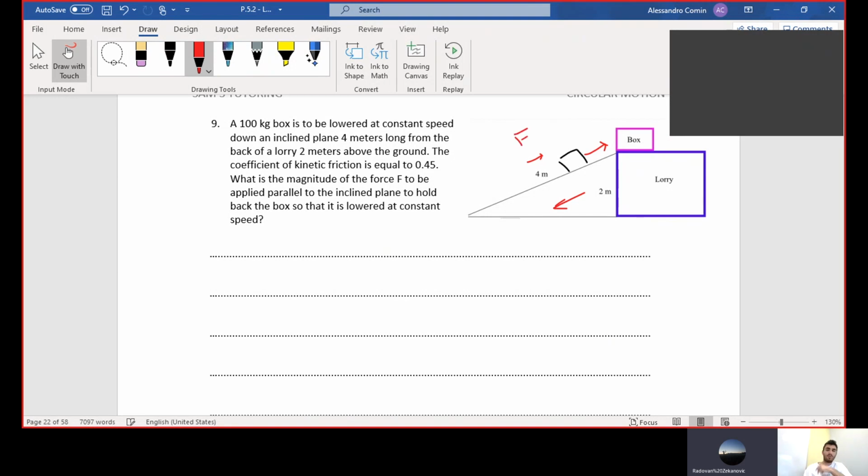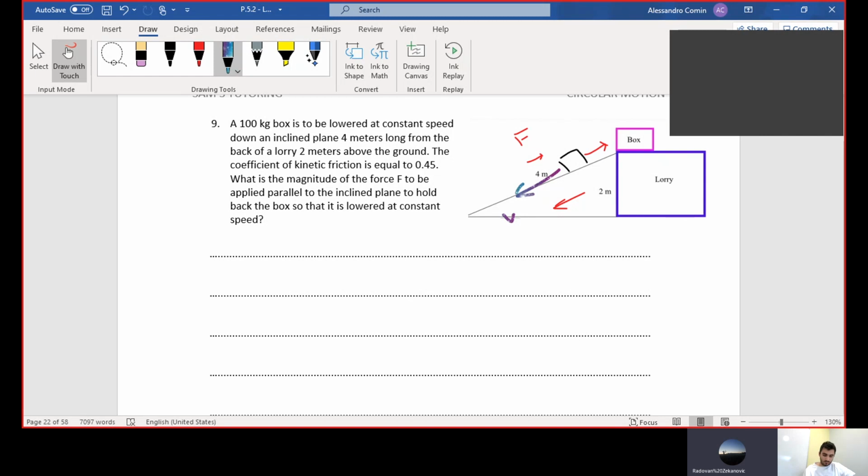This is F. The box is traveling downward, so this is v. So we'll just go mg sine theta minus mu N minus F. So F equals mg sine theta minus mu N.